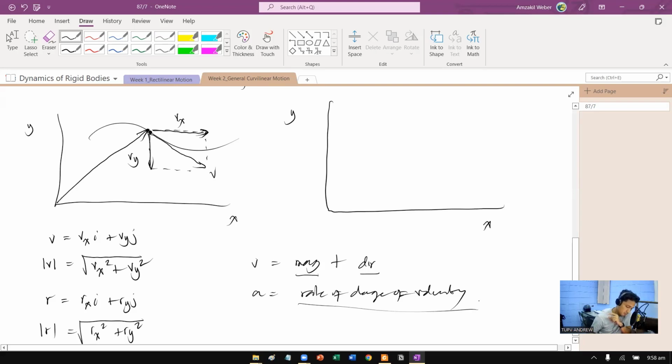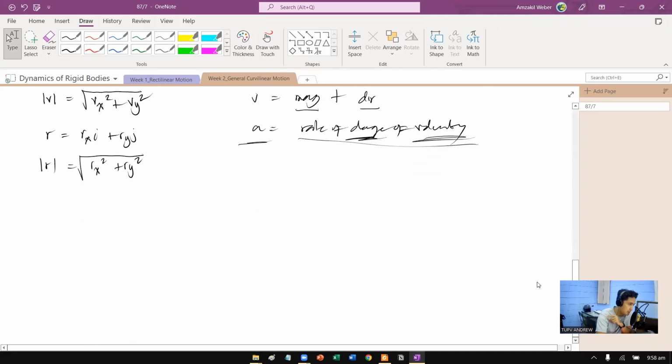By definition, whenever there is a change in velocity, there is acceleration. And what type of acceleration is responsible for the change in magnitude? It is called tangential acceleration.